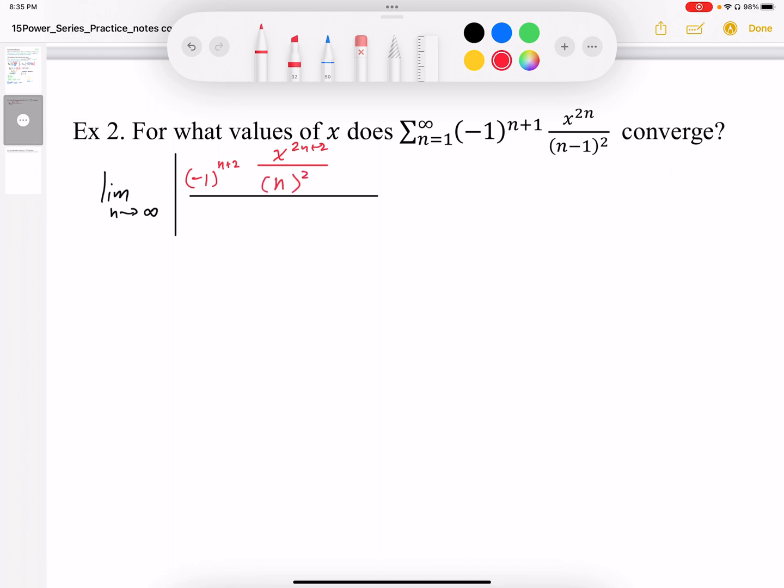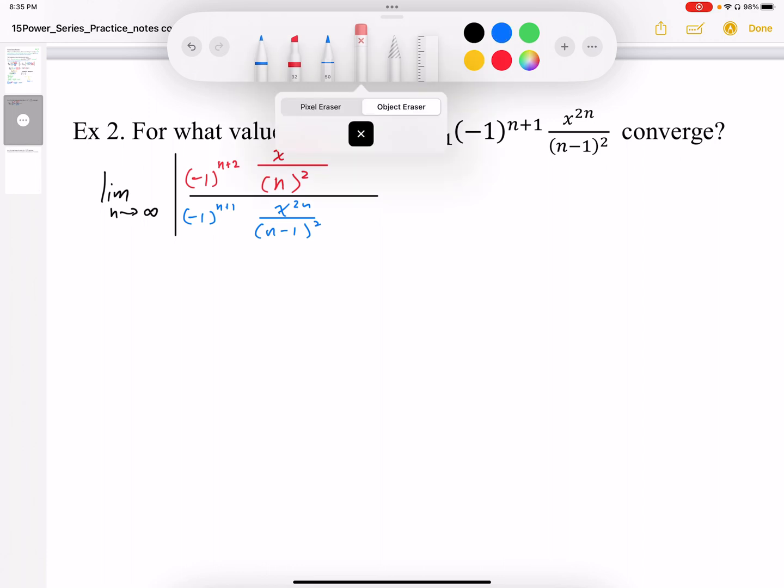So there's our n plus 1, and that's divided by our n. So we end up with x to the power 2n divided by n minus 1 squared. Okay, and then we're going to take the absolute value of that.